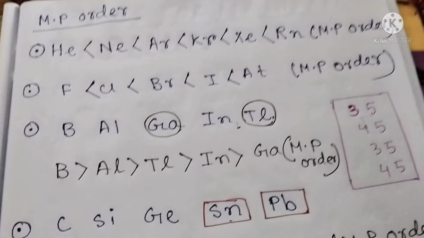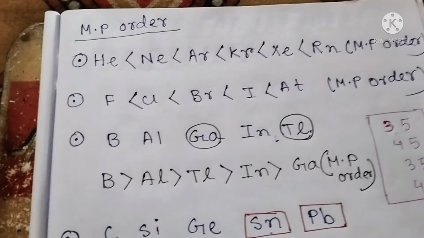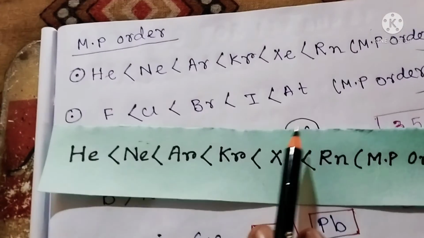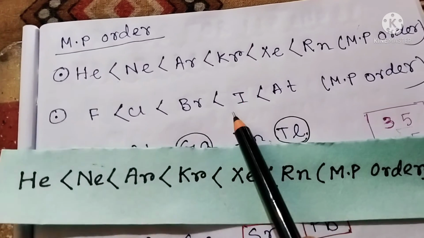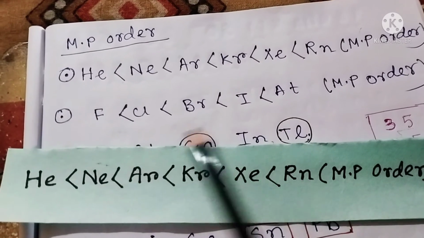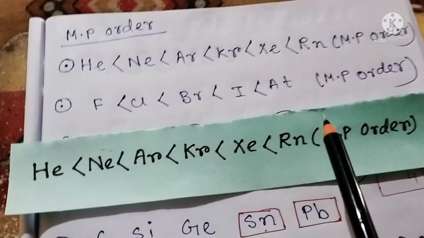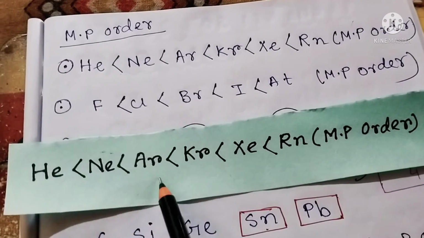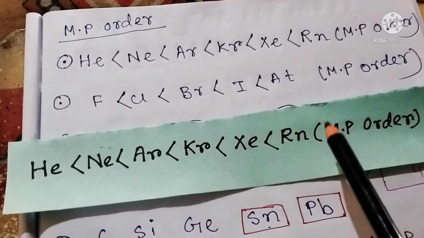Now let's see the melting point order. At first, for helium and the noble gases, and for halogens, there is no exception. So we get the melting point order: helium less than neon, less than argon, less than krypton, less than xenon, less than radon.